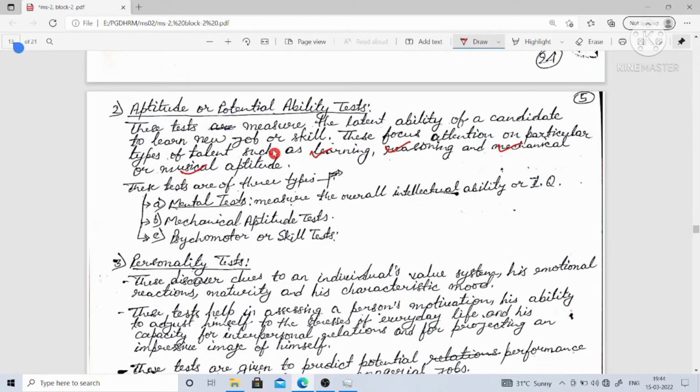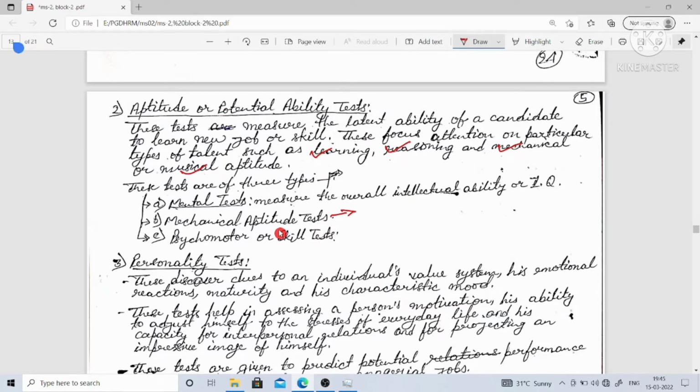These tests are of three types. The first type is the mental test. Mental tests measure the overall intellectual ability. The second aptitude test is the mechanical aptitude test. It measures how the person is able to manipulate different mechanical things, how the person is able to use different objects in different combinations.